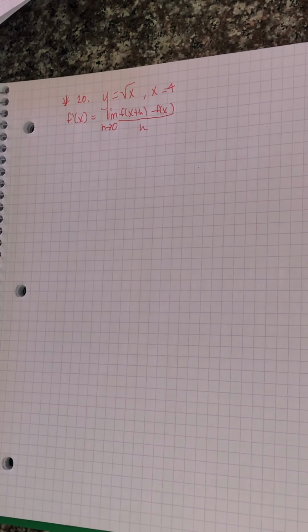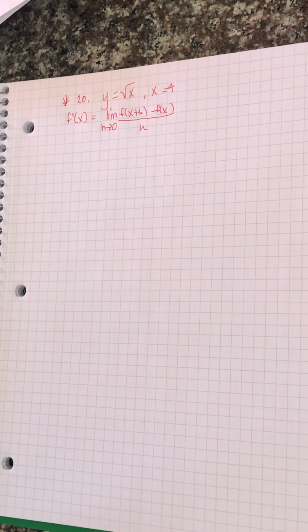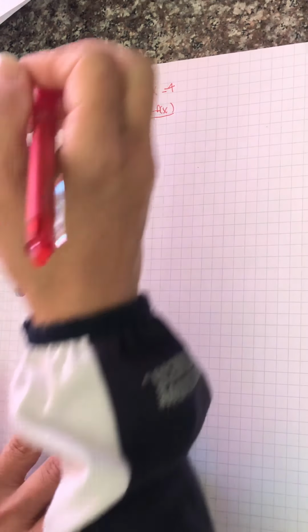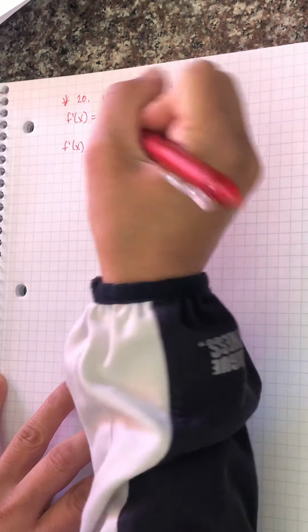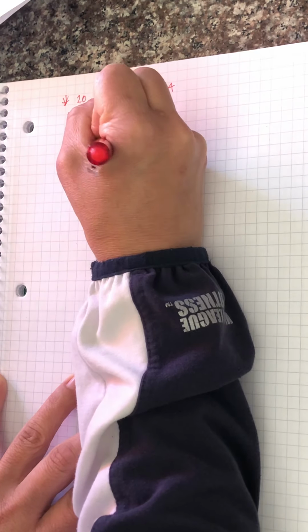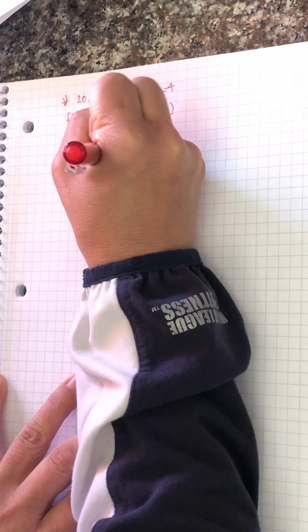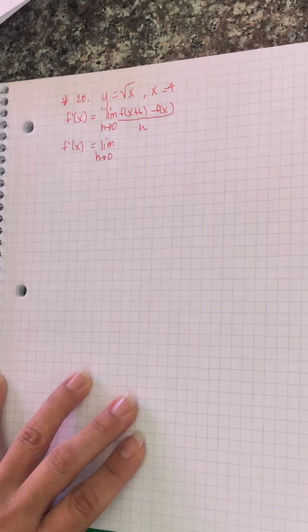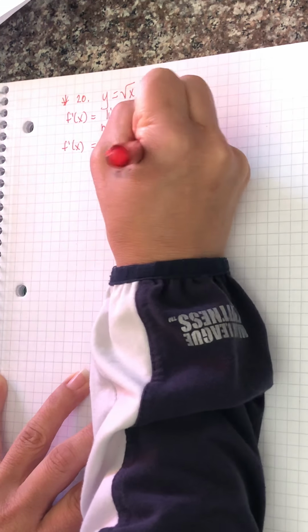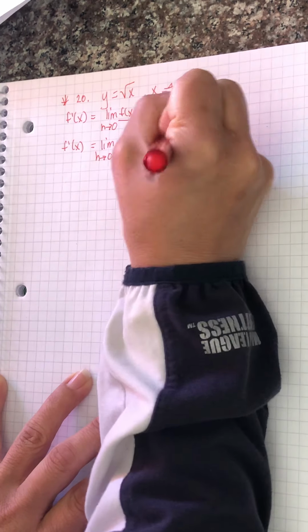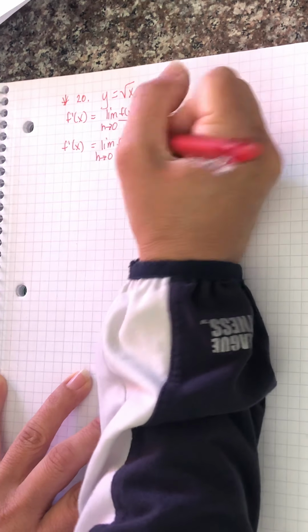Again, I write it out for myself because then I'm going to make a lot fewer mistakes. So this becomes f prime of x is equal to the limit as h approaches 0 of f of 4 plus h minus f of 4 all over h.